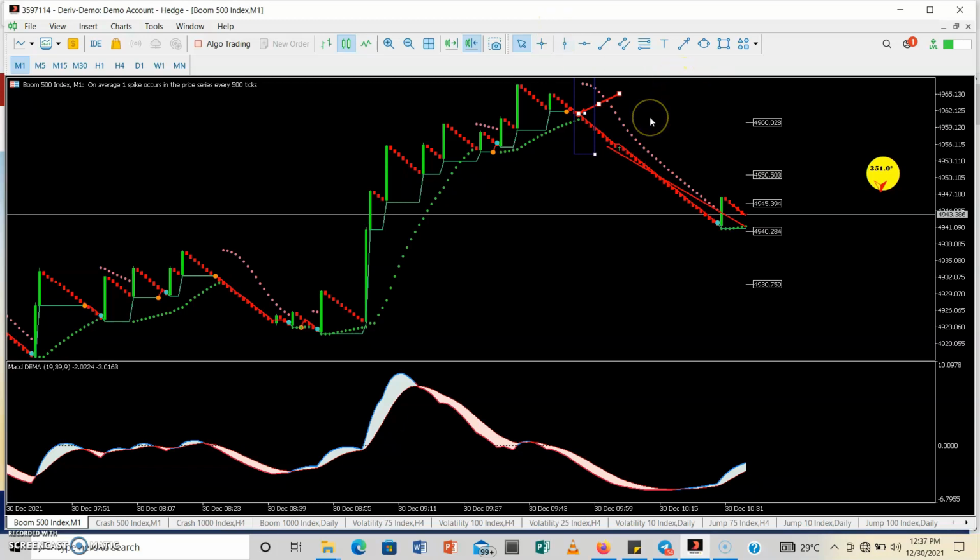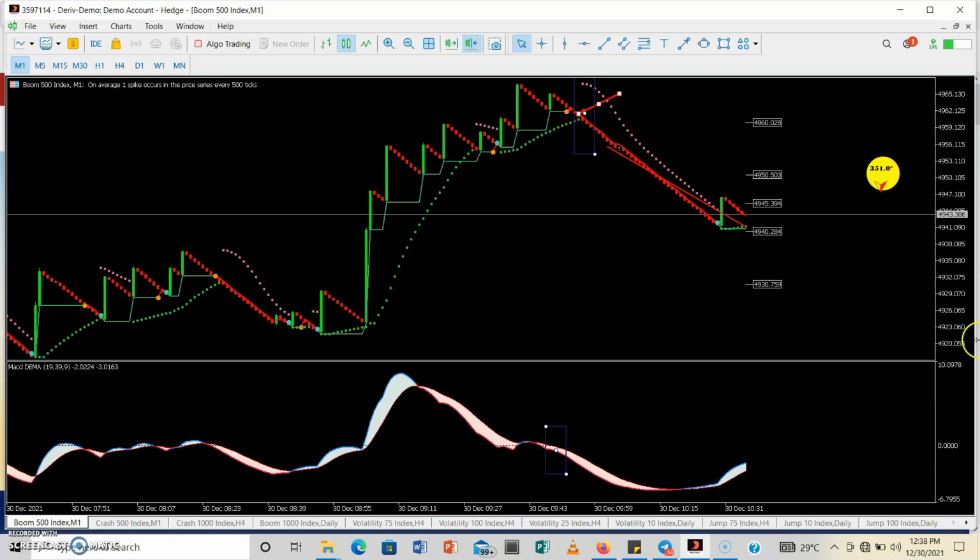The third thing that you need to take note of is our defense line here. The moment the defense line changes to this red color and not this blue one, it is a trend filter, so it means that we are also in a downtrend.